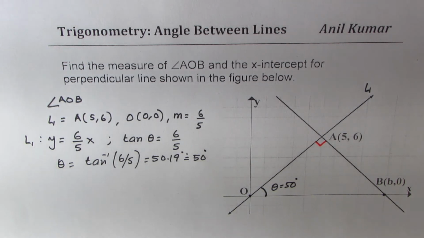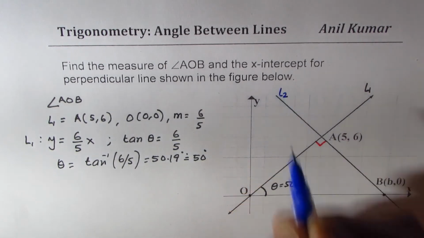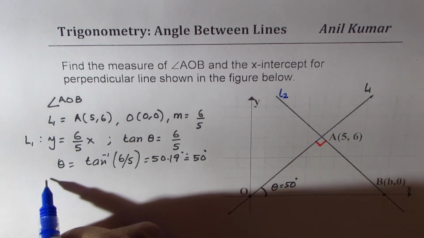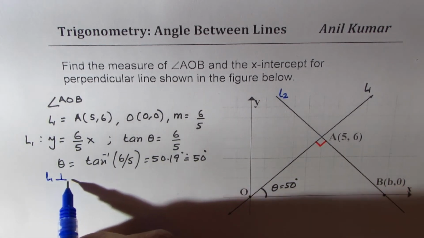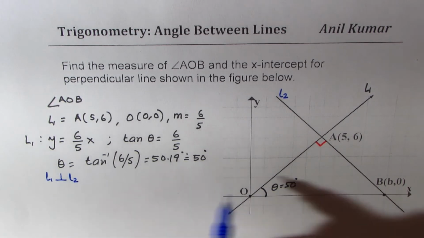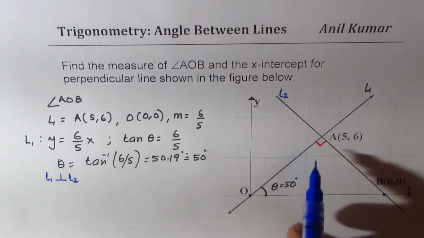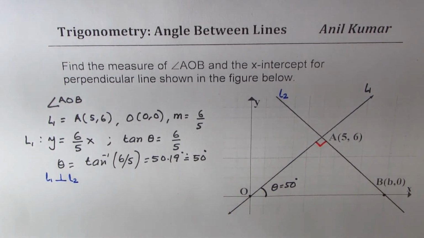Correct? Now the second part is to find the x-intercept for line 2. So let's see line 2. We are given that line 1 is perpendicular to line 2. It clearly indicates that their slopes should be negative reciprocals, right?